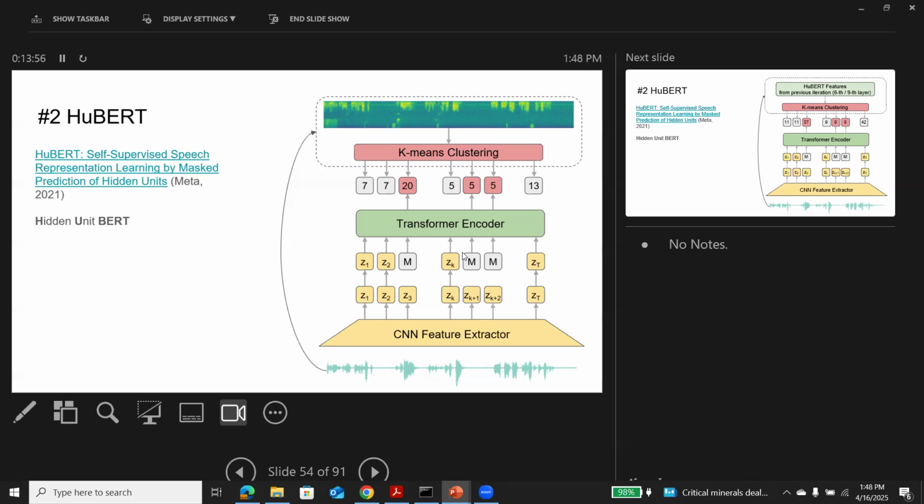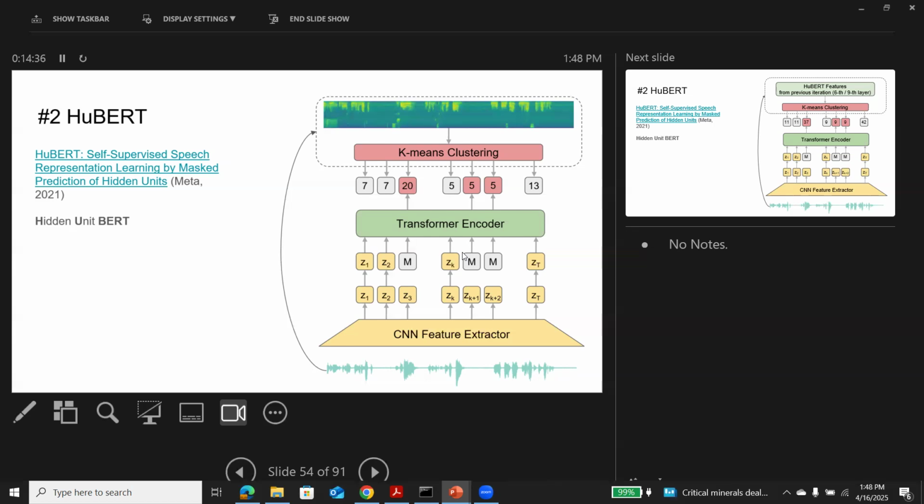So they created these MFCC spectrums for their data set, and then clustered these spectrograms into, I don't know what the number of clusters was, maybe 1,000, maybe 500. And then they used these cluster labels as the targets for our model.